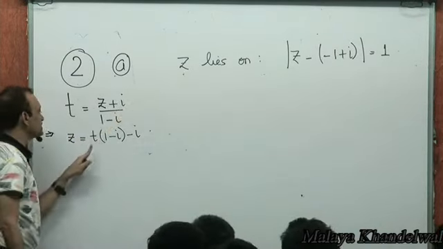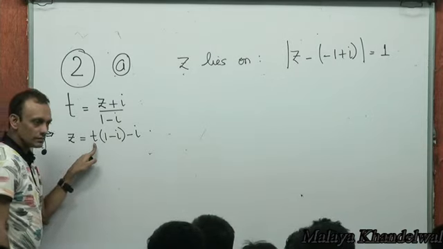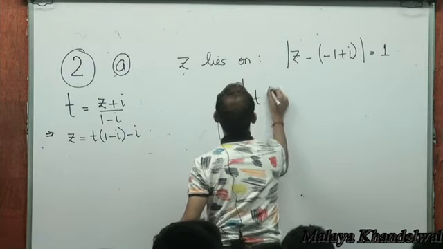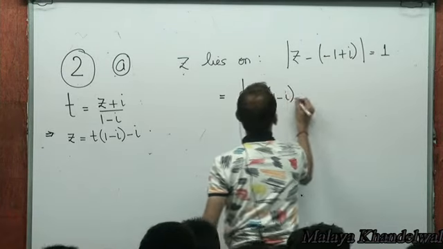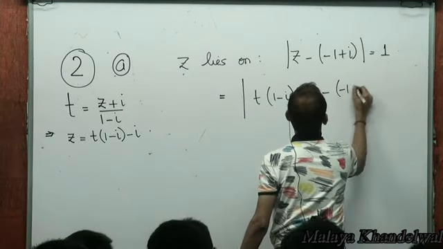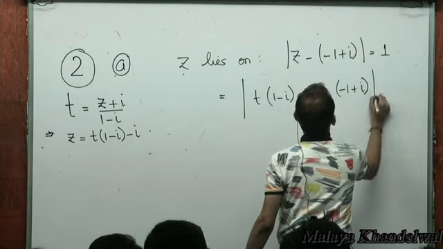I replace that z by this t, right? So this is mod of t into 1 minus I minus I minus minus 1 plus I equal to 1.